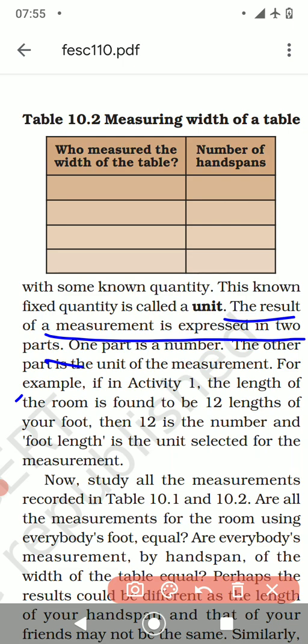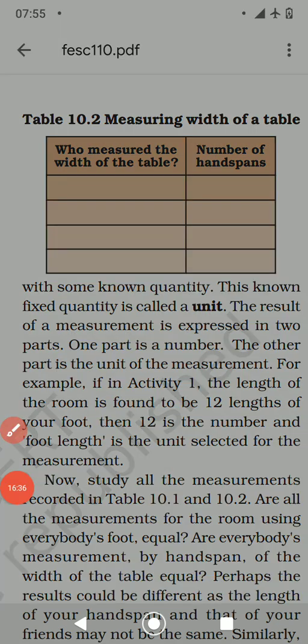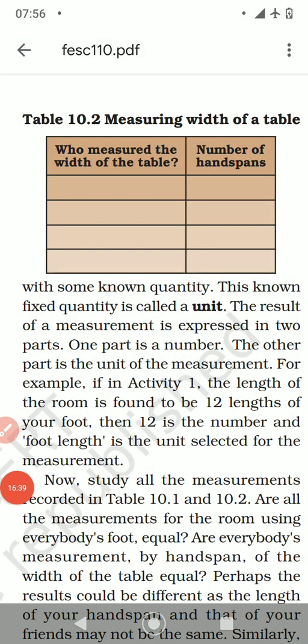One part is the number, another part is the unit of measurement.